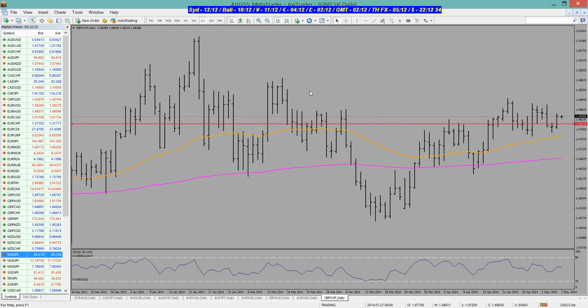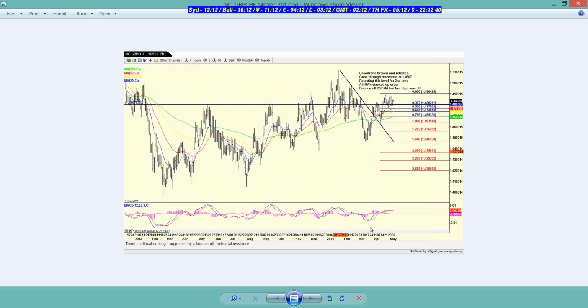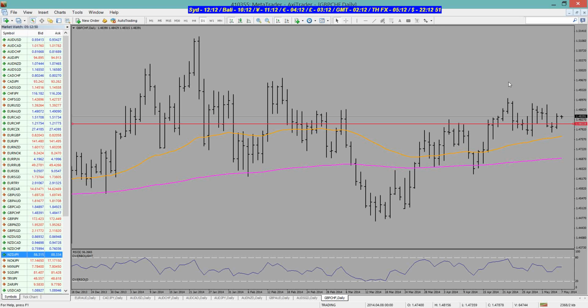But you're saying it's broken this and retested it. Fair enough. Bounced off the 50. If you go to the one that got you back above the 50 EMA, that's the one I would be drawing my fib from. But yeah, I think that looks reasonable.